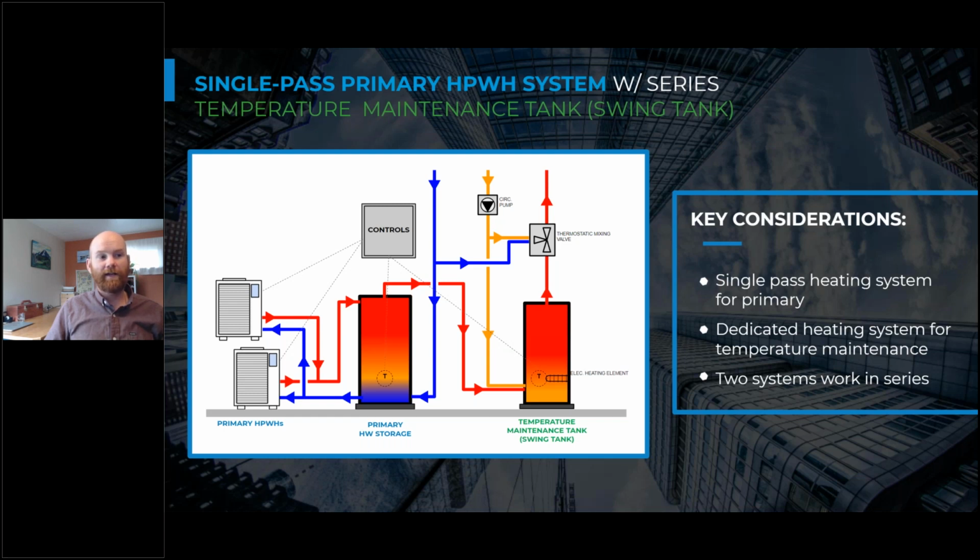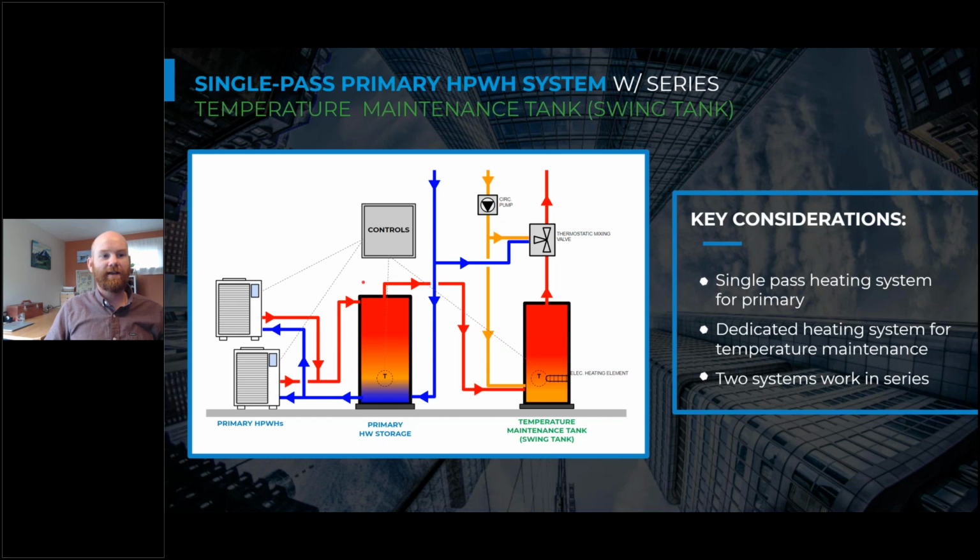On the other hand, R134A heat pumps like the Colmac are less efficient at overheating that water. So we're going to see a significant reduction in our primary COP with R134A heat pumps when we're trying to heat that water up to 150.